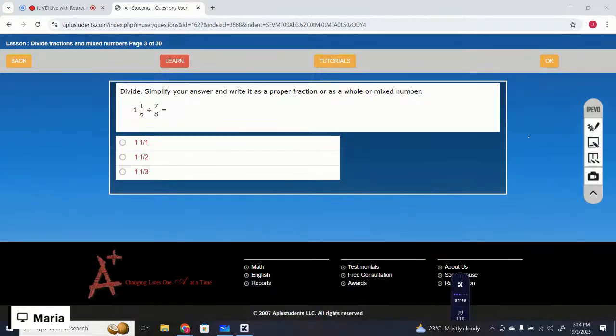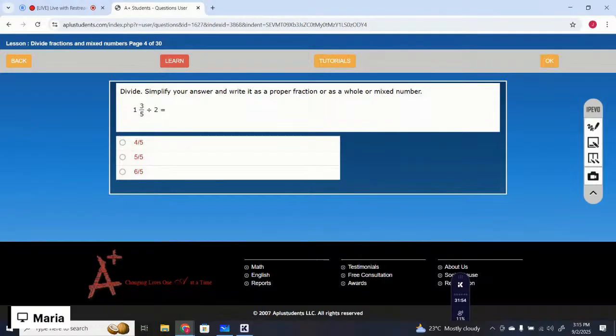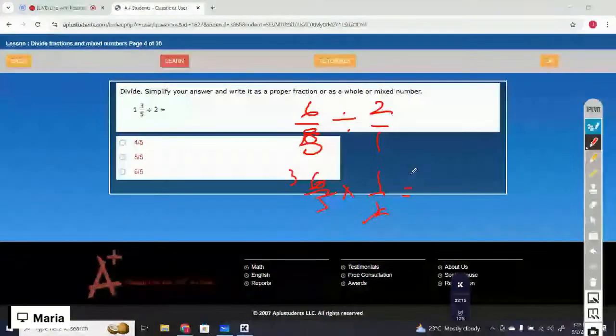Option 3 is the correct option. Next, 1 whole 3 by 5 divided by 2. So 5 times 1 is 5 and 3, 8 over 5, and then 2 over 1. So just 2 times 4 is 8.